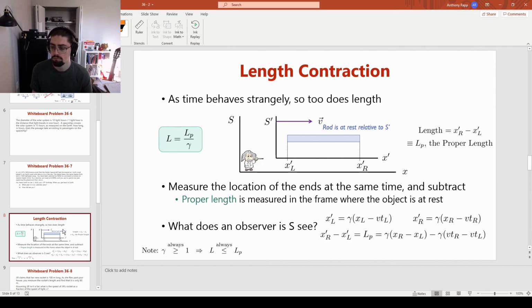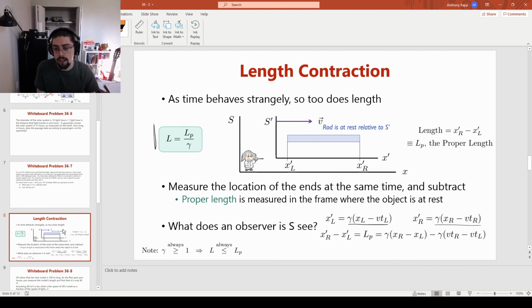We can say, okay, well, S prime, the place where we're actually measuring the proper length, is going to translate out to us what length we might see, the difference between the left end and the right end. And when we sum all these things up together, we get a lot of things canceling out.